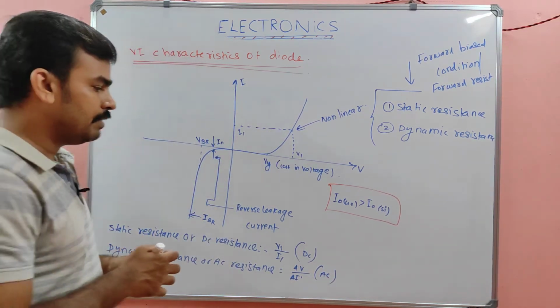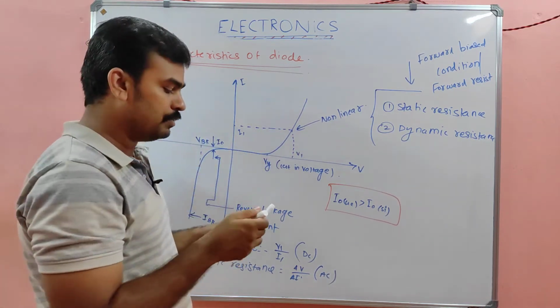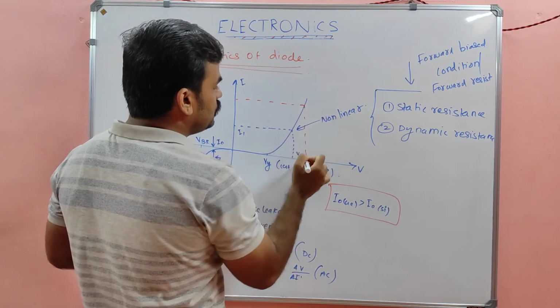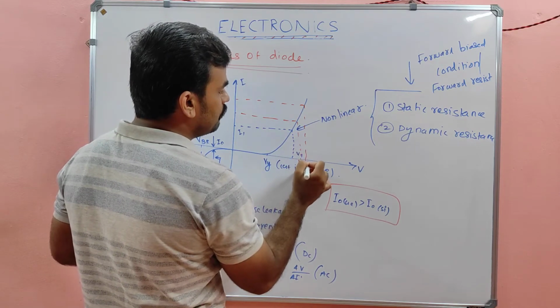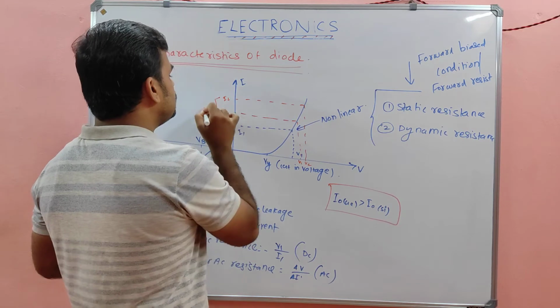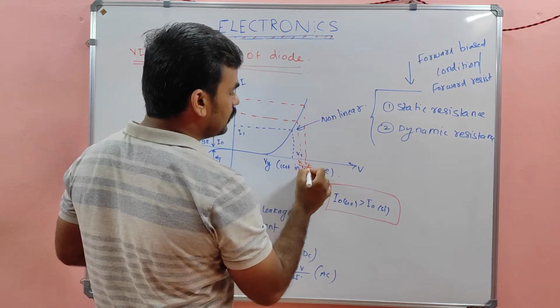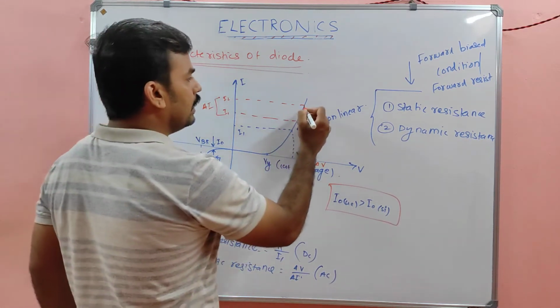That means V1 divided by I1 is a particular value. Similarly, if you take a change in voltage from V1 to V2 and current from I1 to I2, this change in voltage is delta V and change in current is delta I. So delta V to delta I.